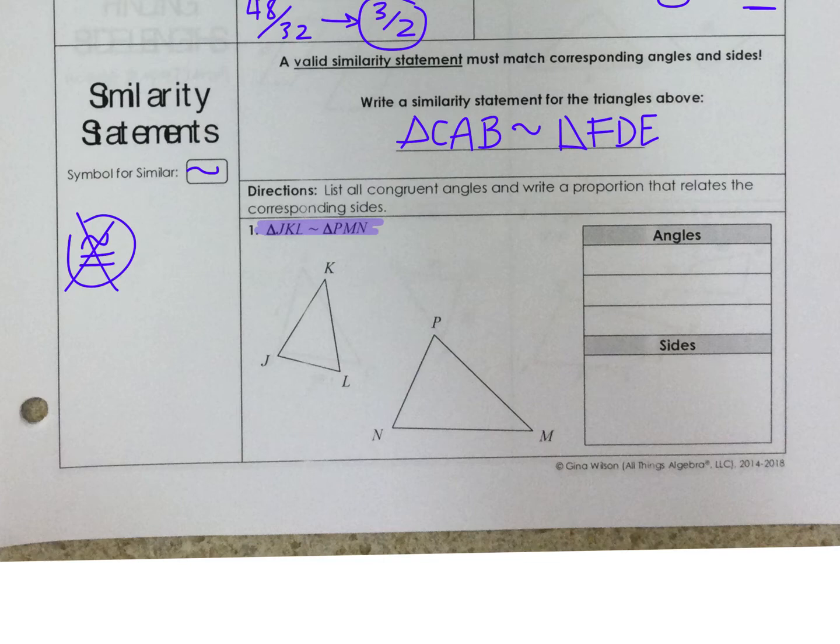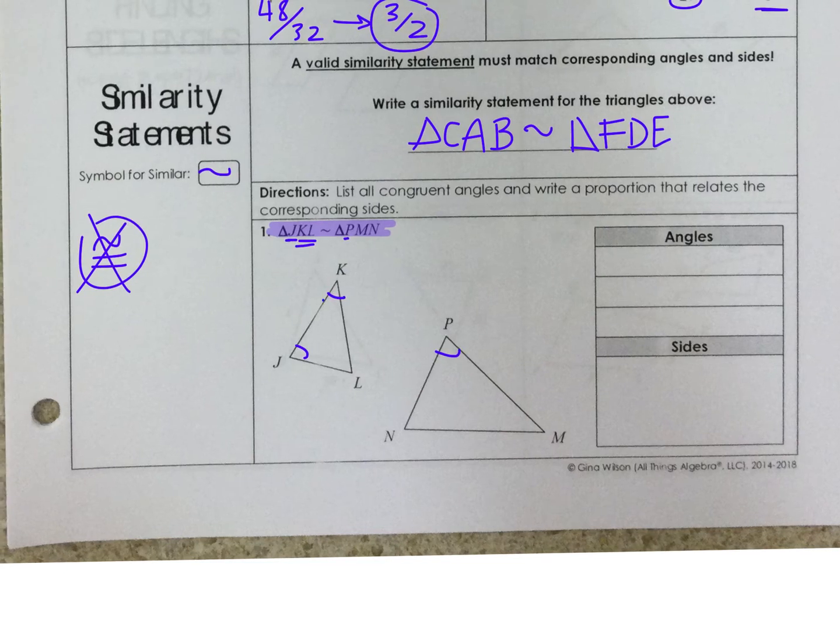So I'm going to mark up my triangles. I'm going to start with J, put 1 mark, go over to P, put 1 mark. K, I'm going to put 2 marks, M gets 2 marks. And L gets 3 marks. N gets 3 marks.